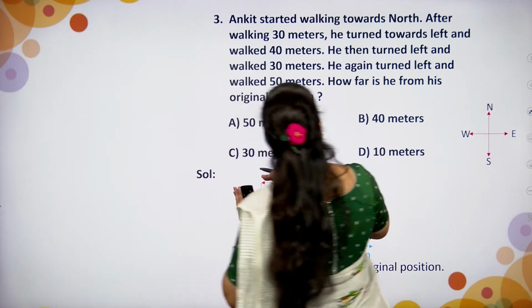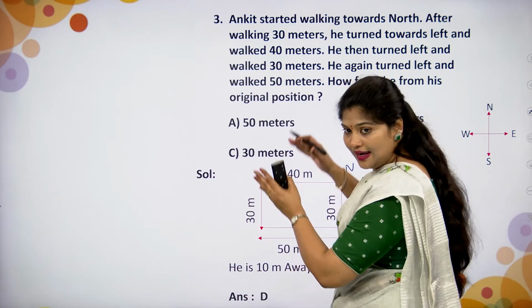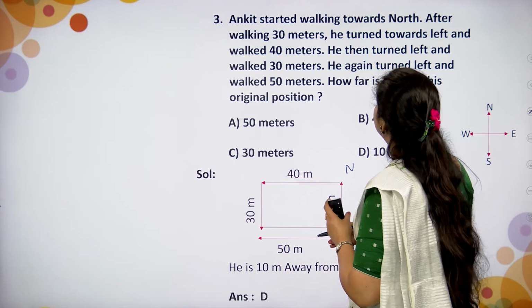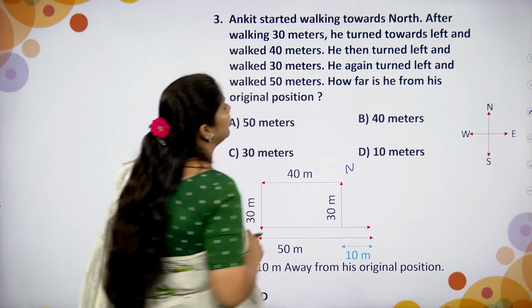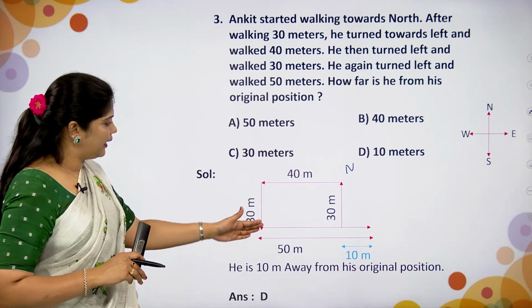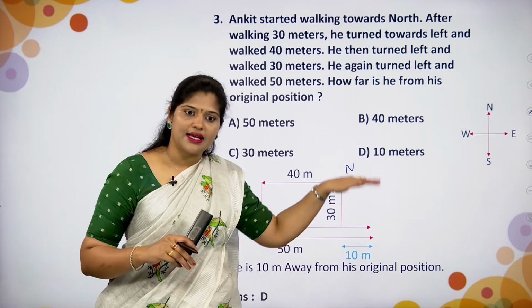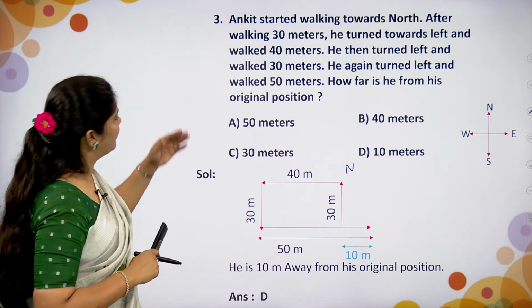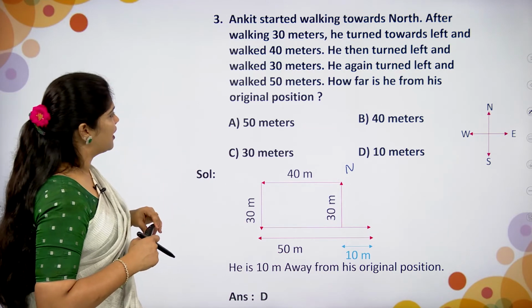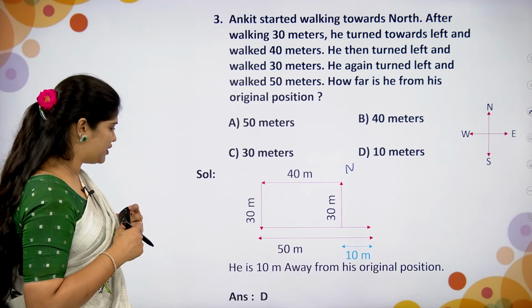Then from here again he takes the left direction. So, left, that is 30 meters. Again he turned left, again left, that is 50 meters. How far is he from the original position?